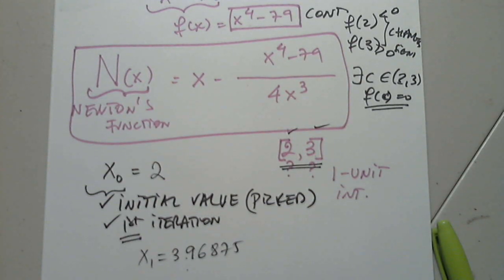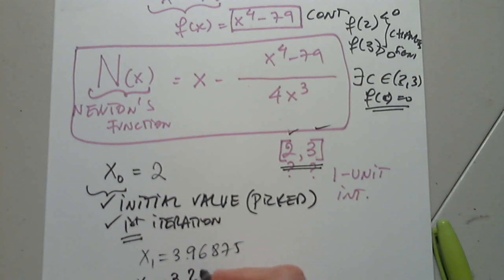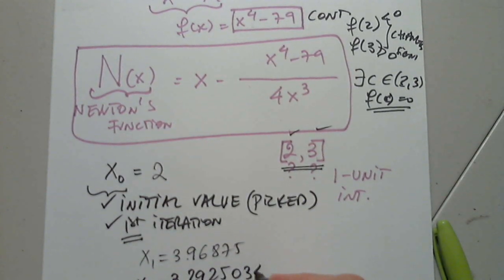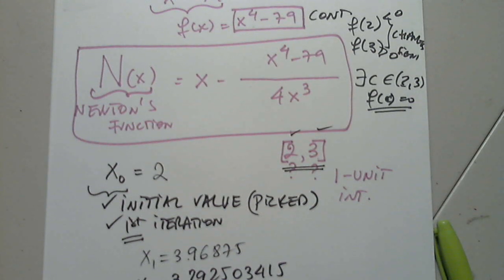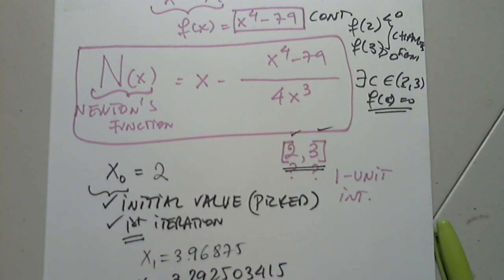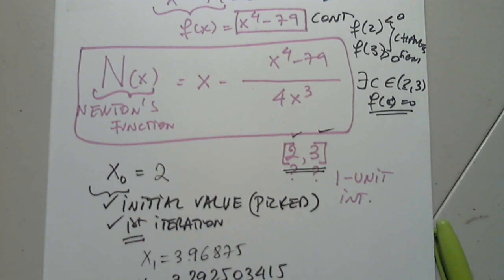And now, it's getting close. Okay, so x sub 2 is 3.292503415. Fine. Here you don't have to do anything. Just copy and enter. It's getting even closer. 3.0227128888. Okay, next one.